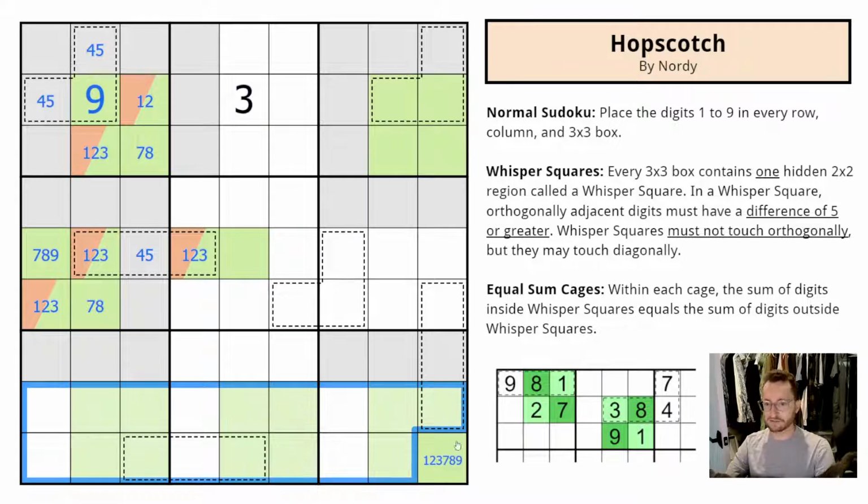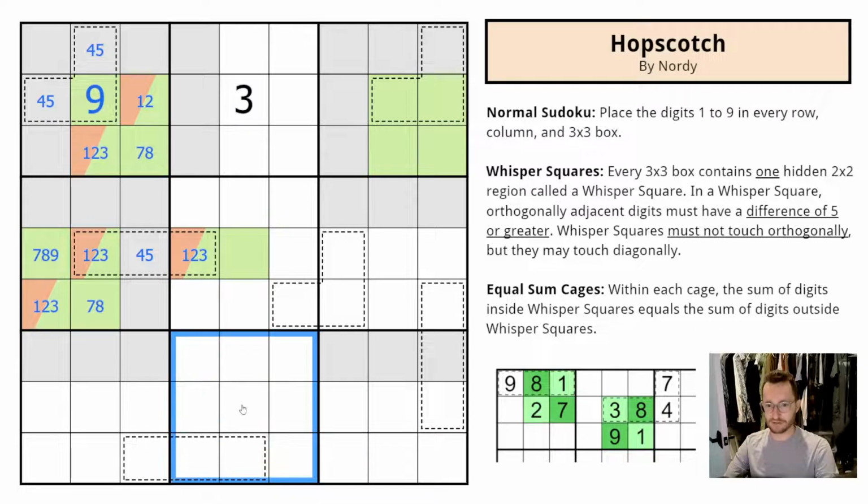So what that means is when we think about there's a whisper square here and there's a whisper square here, in this box we cannot place a whisper square in this bottom section, otherwise it breaks.